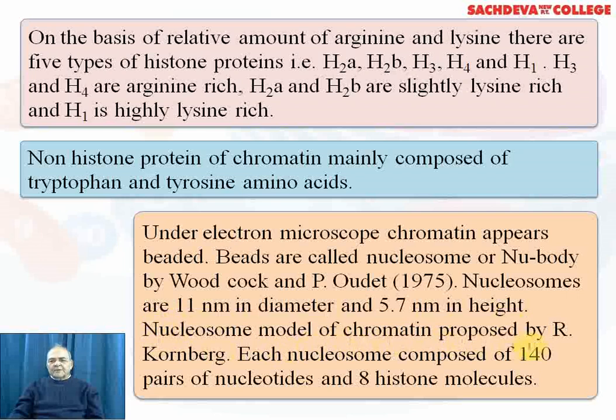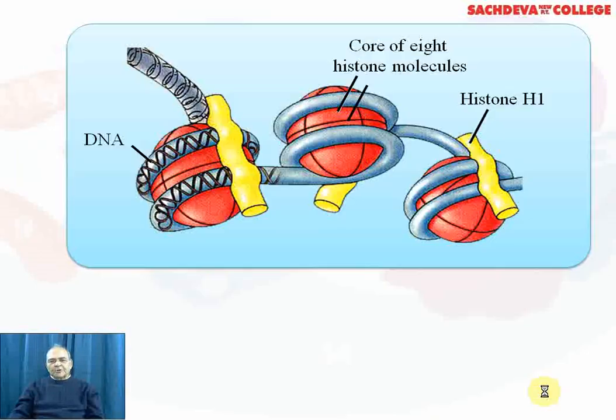The nucleosome model of chromatin was proposed by R. Kornberg, and each nucleosome consists of 140 pairs of nucleotides and 8 histone molecules. Now here you can see the nucleosome connected with a linker DNA and H1 histone protein.